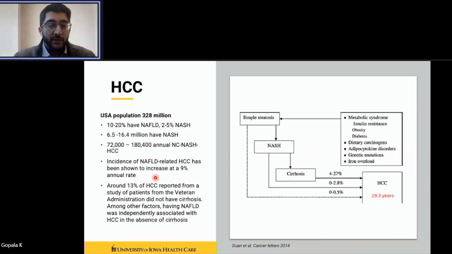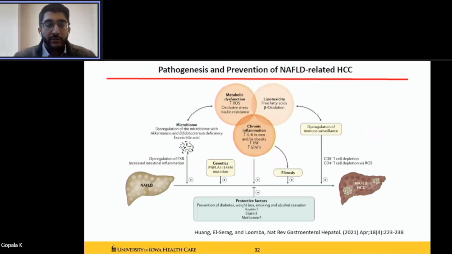And incidence of NAFLD-related HCC has been on an increase at 9% at an annual rate. And around 13% of HCC reported from the study of patients from the VA did not have cirrhosis. So that's also significant. This is just kind of a diagram on the pathogenesis and prevention of NAFLD-related HCC.